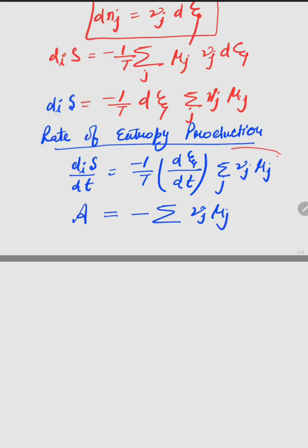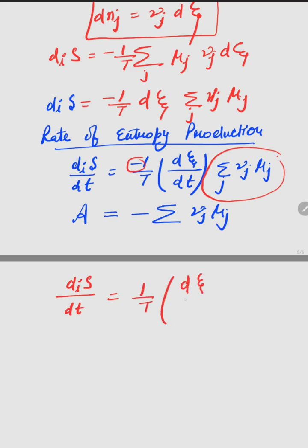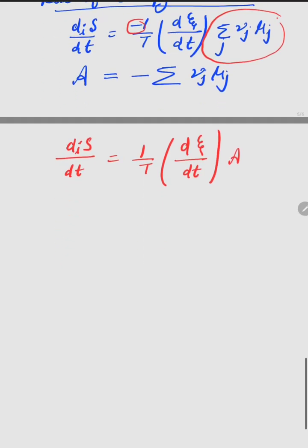So in the above equation, this summation and negative sign are replaced with the affinity, that is A. So we are left with (1/T) d chi/dt into A. Finally we have to find the entropy production for the chemical reaction. This is given by 1 upon volume into the change in entropy with time. This is the formula of the entropy production.